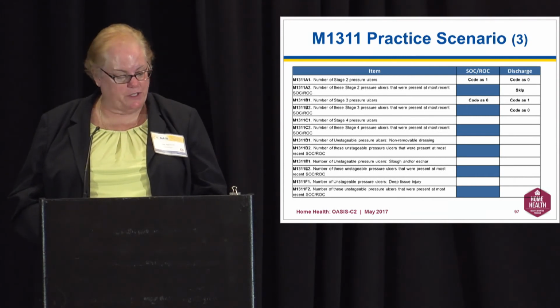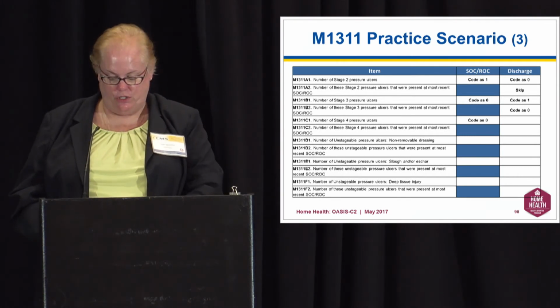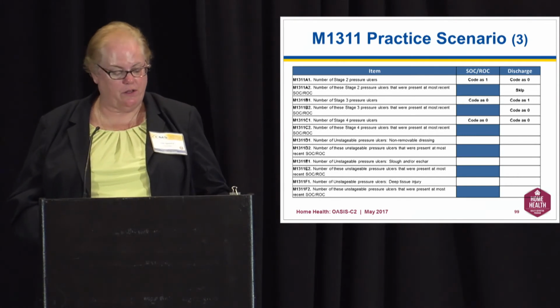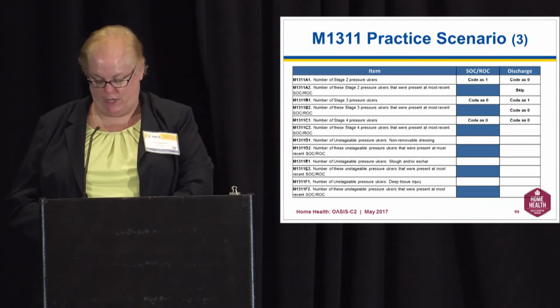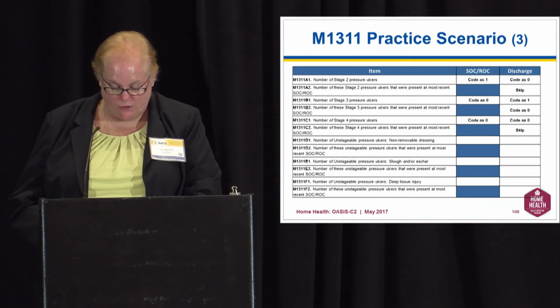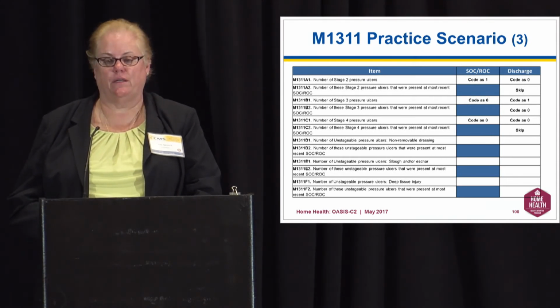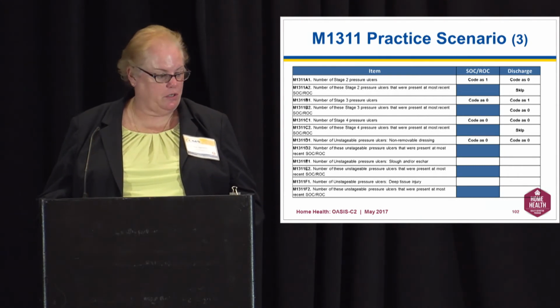So how about the number of stage 4 pressure ulcers? SOC/ROC? How about at discharge? Okay. How many of those stage 4s were present on a SOC/ROC? That one is a skip, really. Okay. And then number of unstageable pressure ulcers, non-removable dressing. Right? How many of those at discharge? Good.